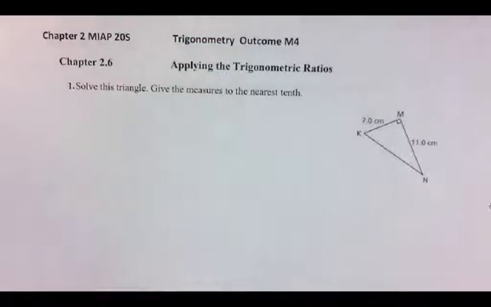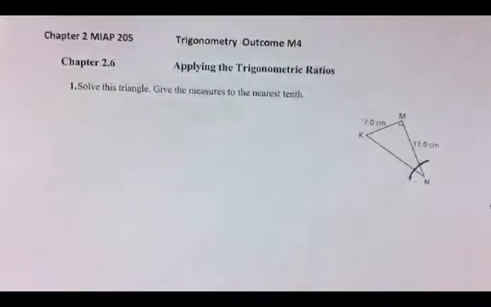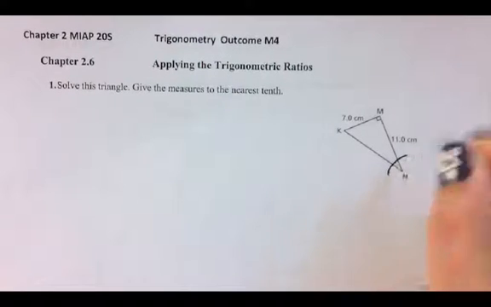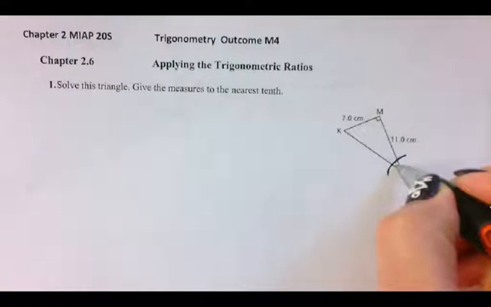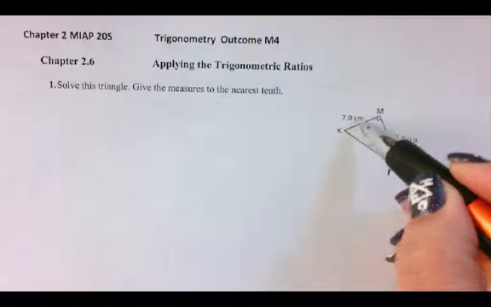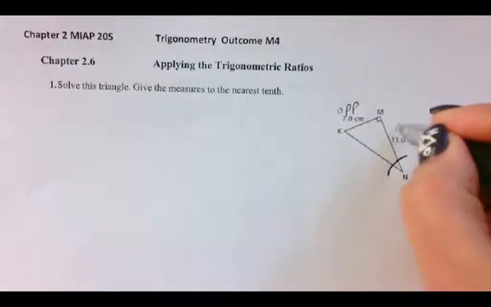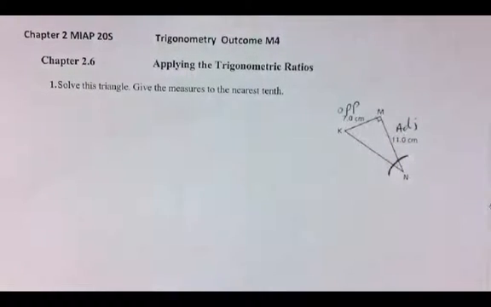And then which trig ratio are we going to use in order to figure out N? We'll mark it off like that, and we'll call this angle N. We'll say that's the first one we're trying to figure out. So if I label things according to N, what is this side going to be? This is going to be opposite, and this is going to be adjacent.